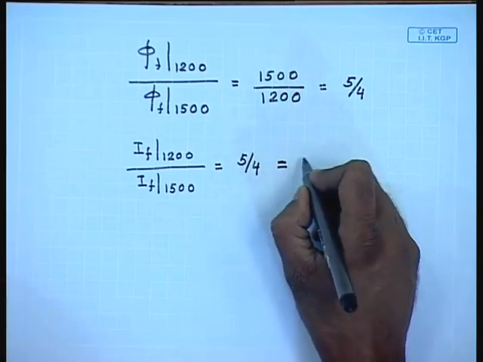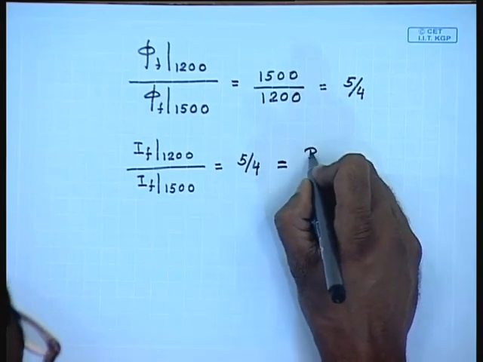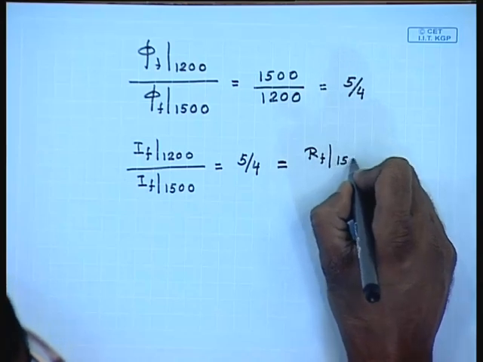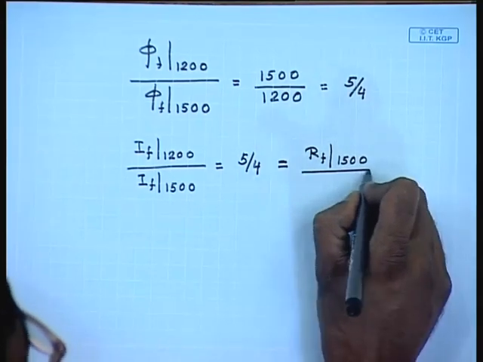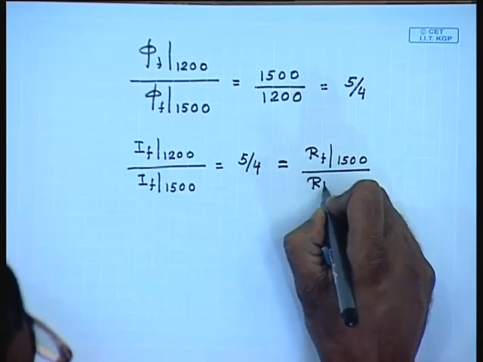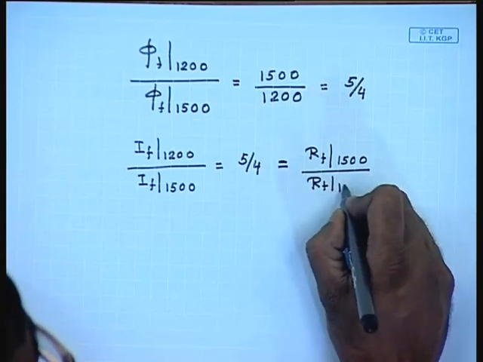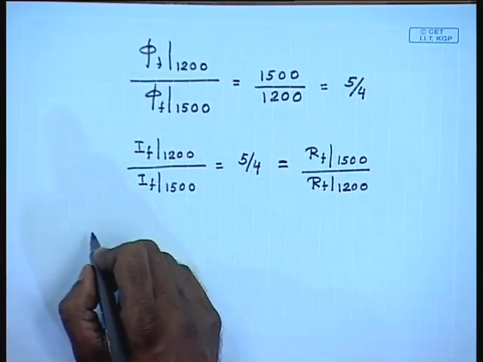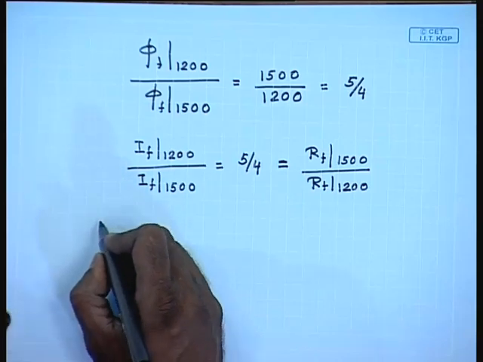So, this is also equal to total field circuit resistance at 1500 rpm divided by field circuit resistance at 1200 rpm, but we know at 1200 rpm no additional field resistance has been included.